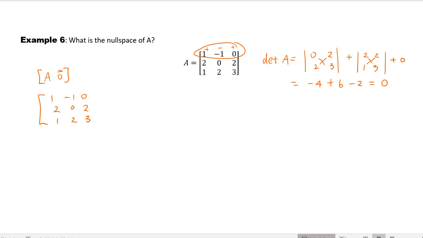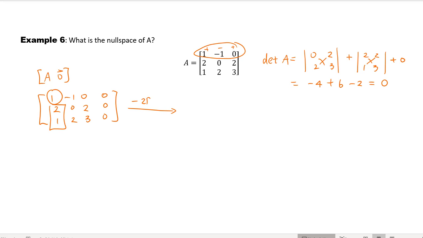First step, make the first entry 1, and it is already 1. Good. Now let's continue. We can use it to clear the entries below it.